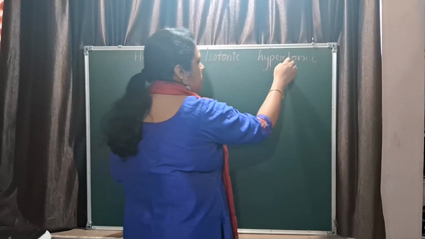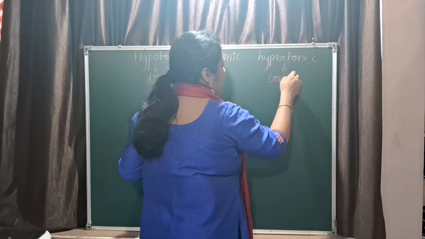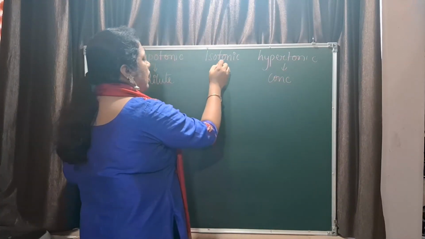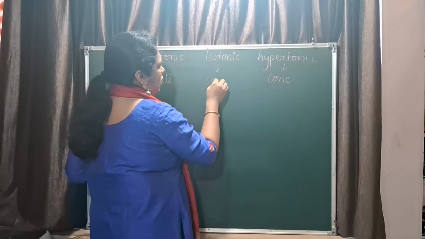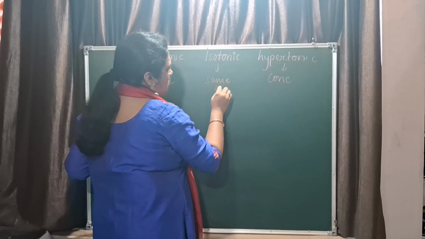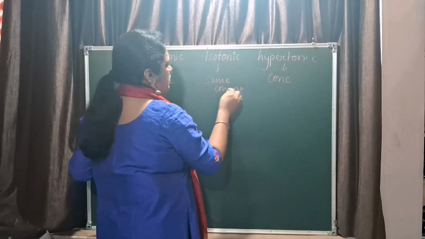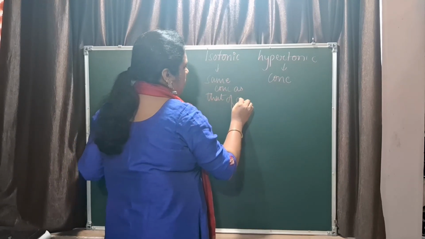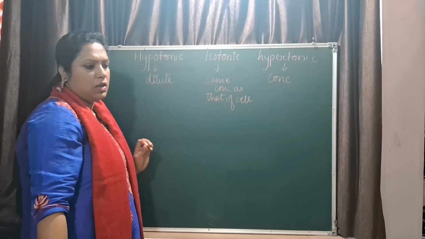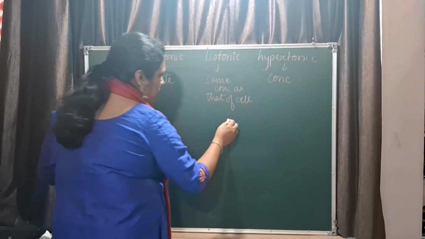The concentrated solutions are called hypertonic solutions, and a solution with the same concentration as that of the cell is called an isotonic solution.